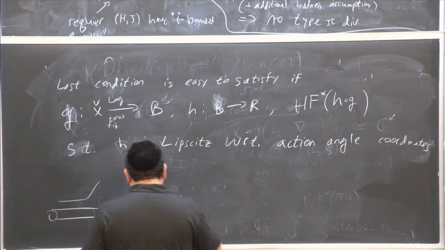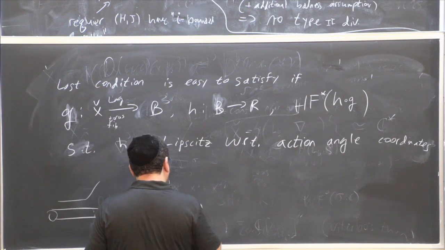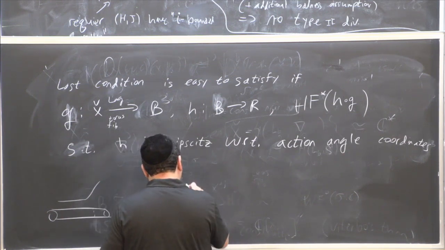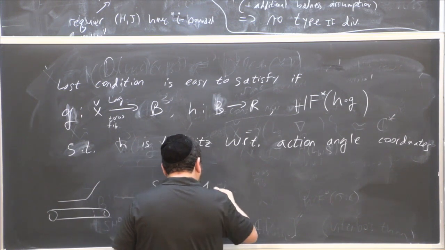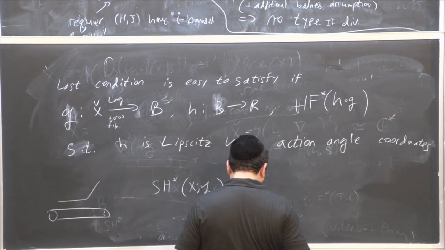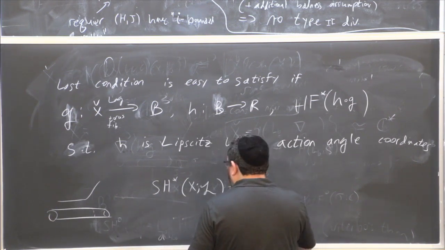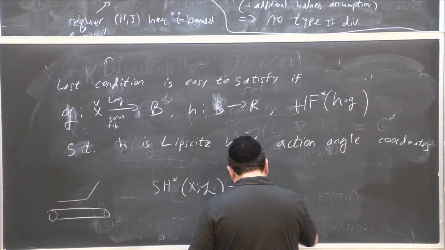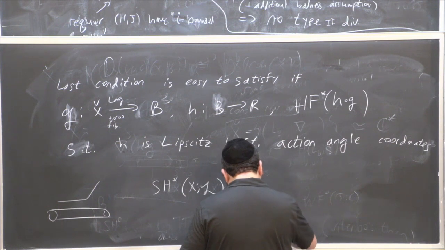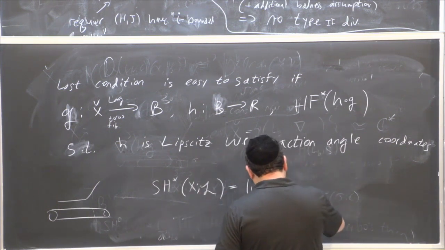So for example, the symplectic homology of X with respect to the Lagrangian torus fibration would be the direct limit over these Lipschitz functions, where Lipschitz is meant with respect to these action angle coordinates.